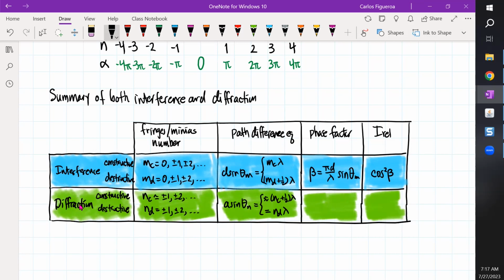So you can see that they reverse between interference and diffraction. The phase factor is almost identical with the exception of a. And then we have a more complicated relative intensity function, which we'll get to later on.